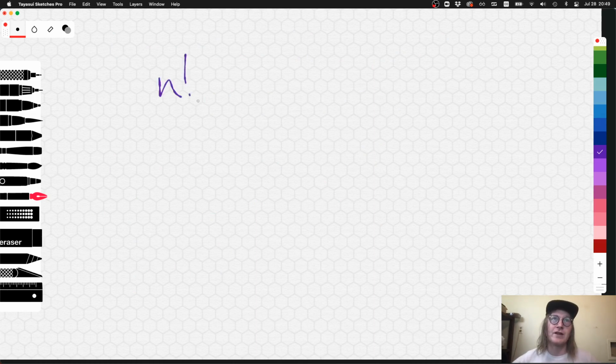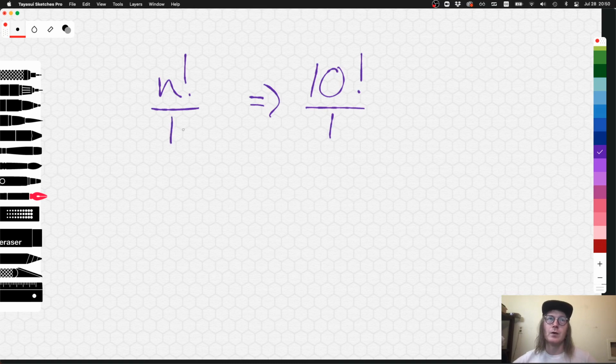We have factorial, which is n factorial. Now, let's say, and I'm going to just draw this out, some sort of equivalent to 10 factorial. How else can we think of 10 factorial? Well, we can think about it as 10 factorial over 1, right? Well, if we really want to think about it, we know another way to get 1 is 0 factorial, right?